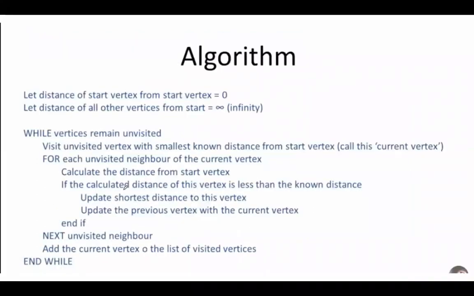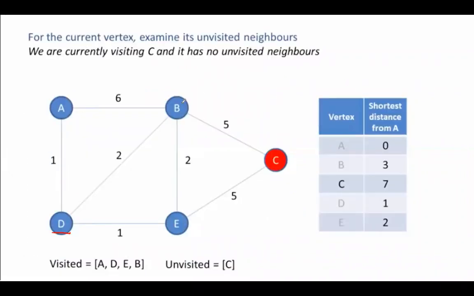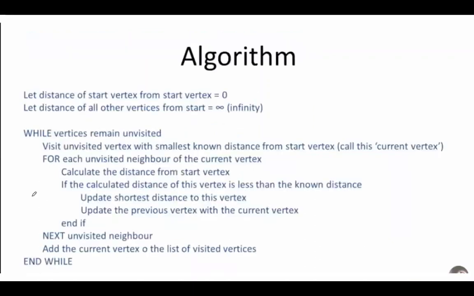Calculate the distance. If the calculated distance of the vertex is less than the known distance, for example to reach B we got 1 plus 2 and earlier in the table it was infinite, you replace it in the table. Update the shortest distance of this vertex. And one more thing we can do, update the previous vertex with the current vertex.